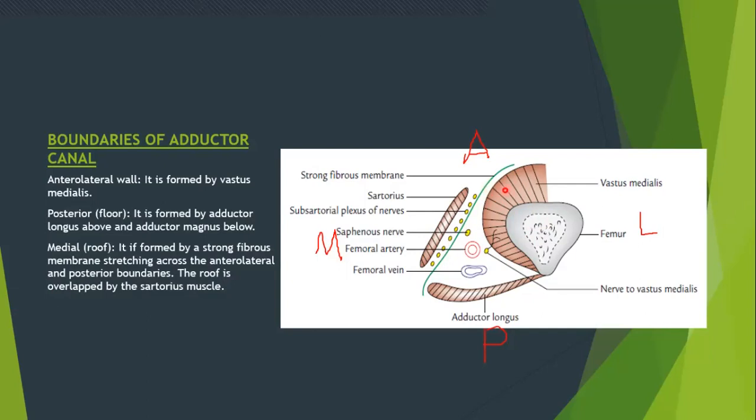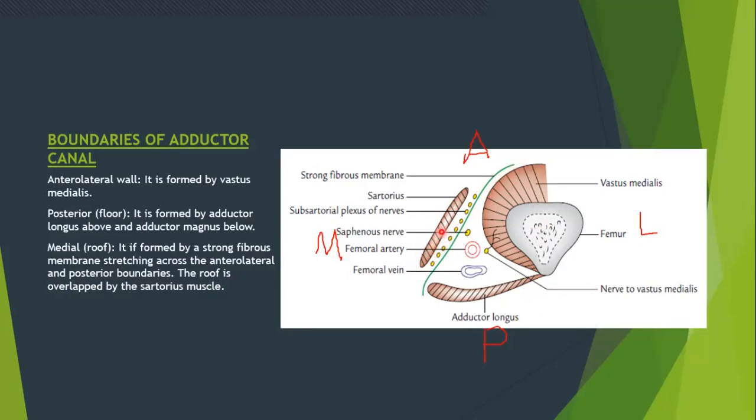The anterolateral wall is formed by the vastus medialis. Then here, medially or the roof is formed by this strong fibrous membrane stretching across the anterolateral and posterior boundaries.